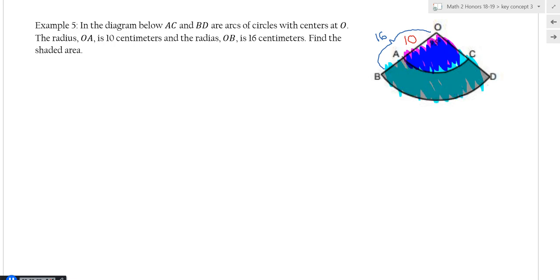Which means I need to take the whole light blue sector and subtract what was pink and is now dark blue away from it. This is just like our volume problems. I'm taking something out of it to get just what's left.